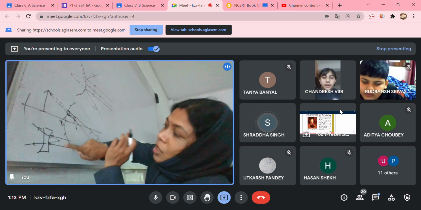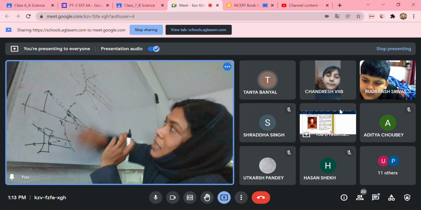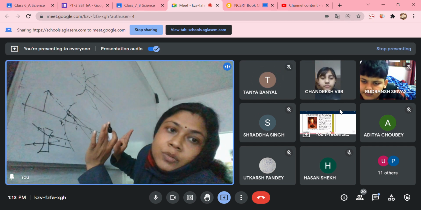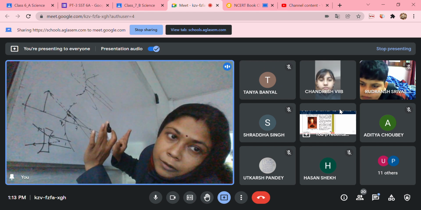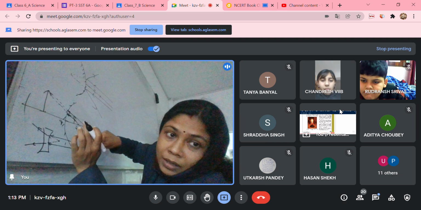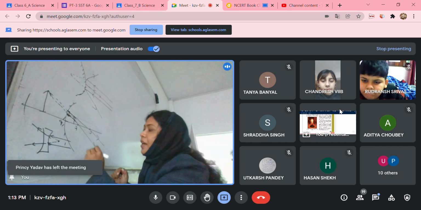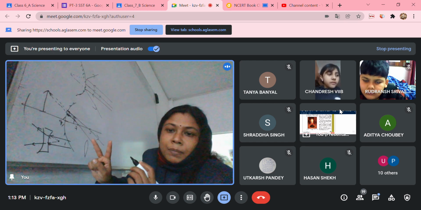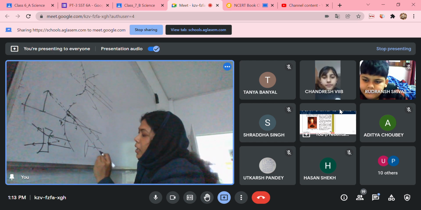So in case of concave lens and convex mirror, never ever will a real image be formed. Am I clear? But in case of concave mirror and convex lens, both types of images will be formed. Look, I'm taking trouble to make you understand.